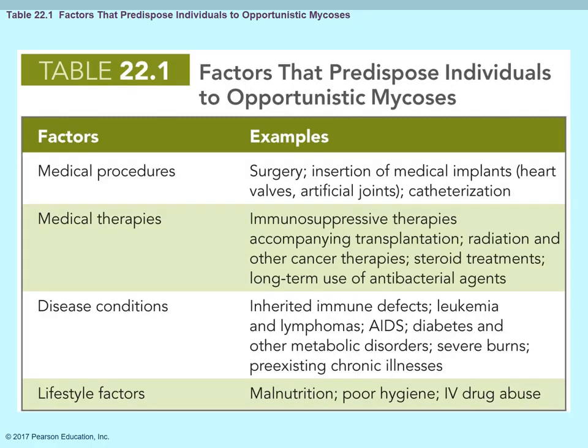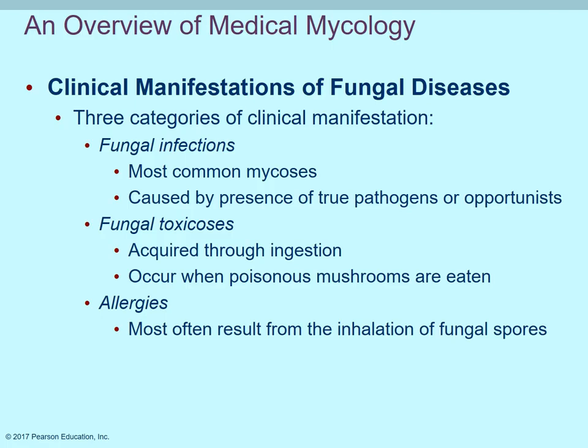So this table just shows what some of those risk factors are that can predispose an individual to picking up a fungal infection caused by one of those opportunistic fungi. There's 3 categories of how the disease is viewed or classified. First, whether it is a fungal infection.